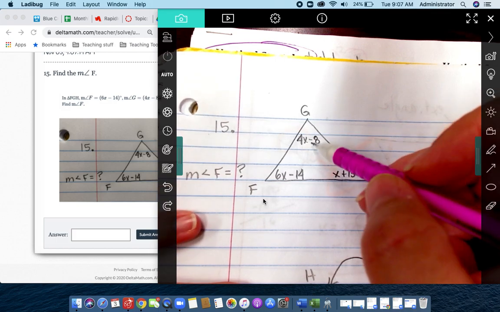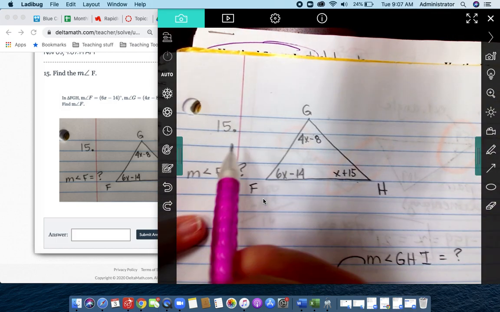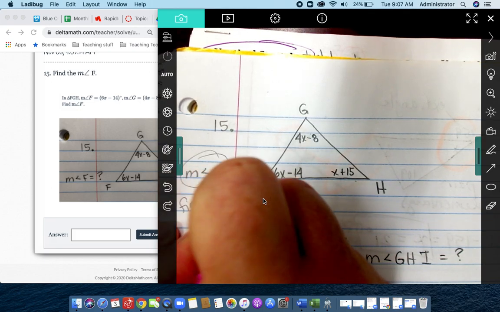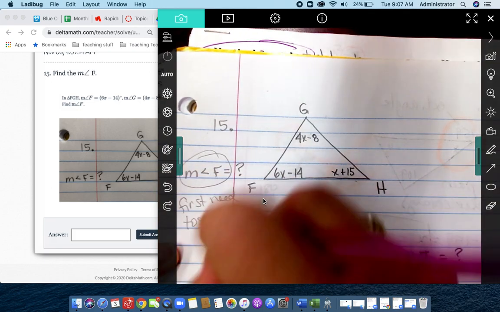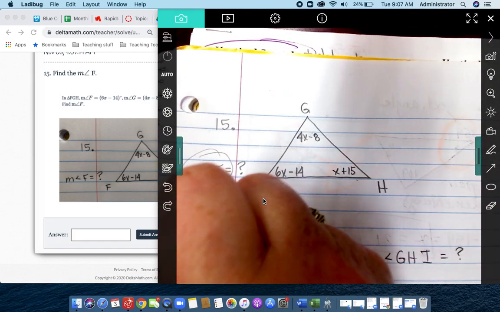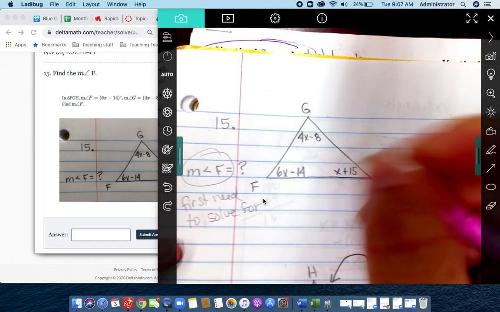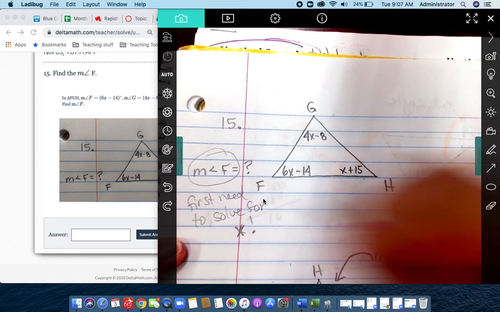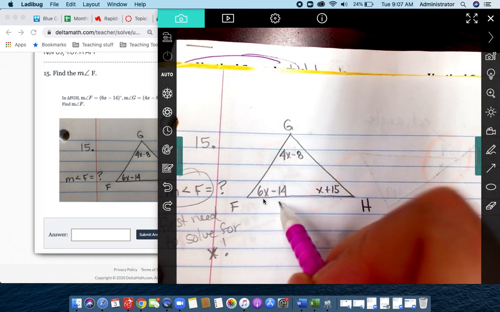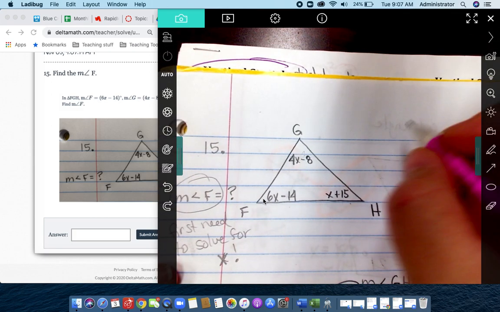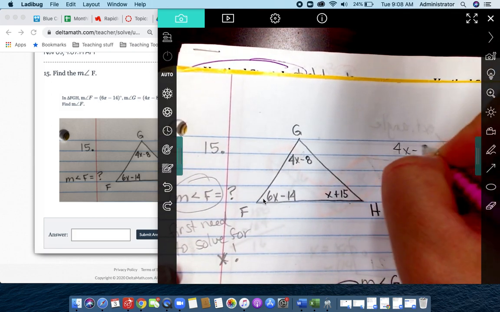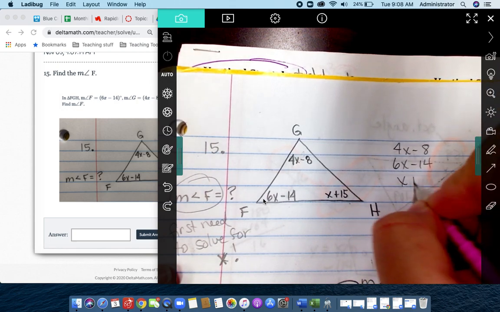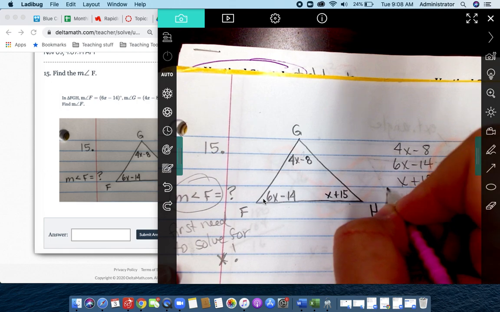And then recognize that the sum of all 3 angles, if I have to find the measure of angle F, I first need to solve for x. So that means I have to add all these up and set it equal to 180. So I'm going to come over here, and I think it's so much easier to stack these expressions rather than list them horizontally.